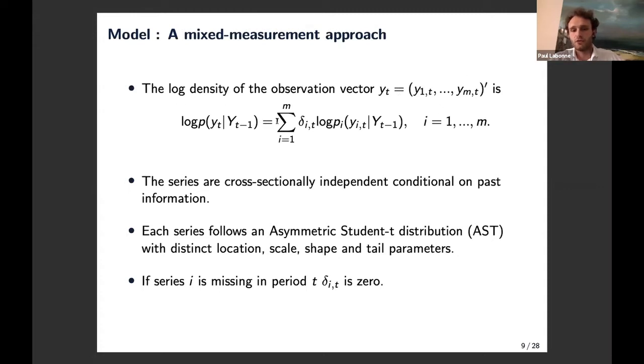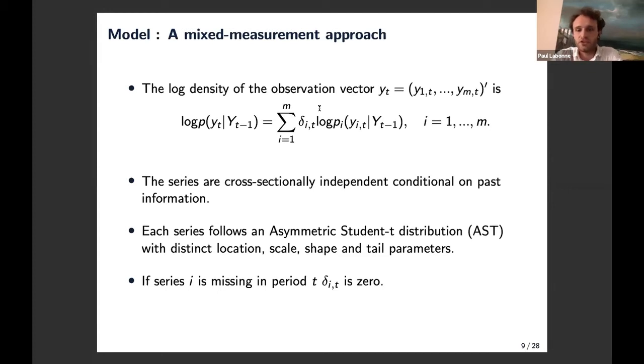Here, I'm assuming that conditional on the dynamic factor model, the data are independent, so I can just add the log likelihood of each series. And the interesting thing here is that I can have a conditional distribution distinct to each series. So I can have GDP, for instance, which is fat-tailed, but the related series which are Gaussian.